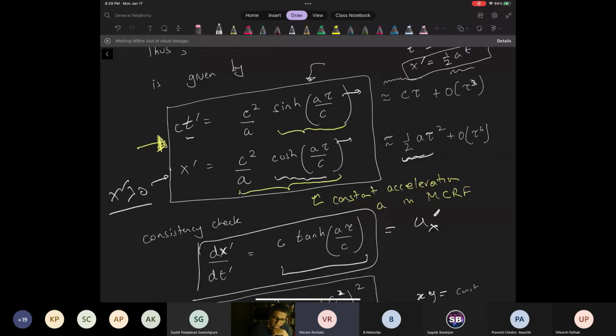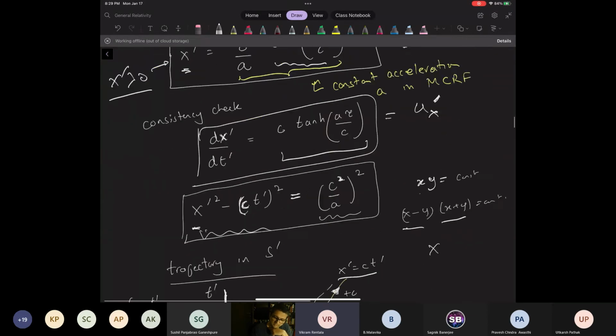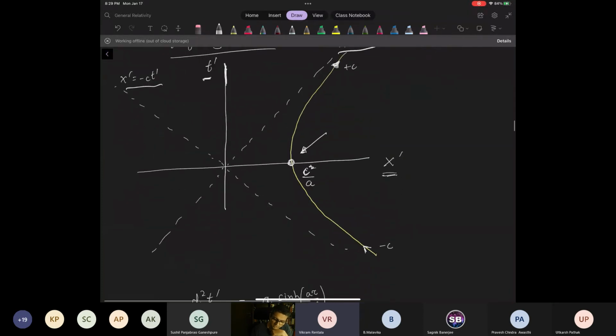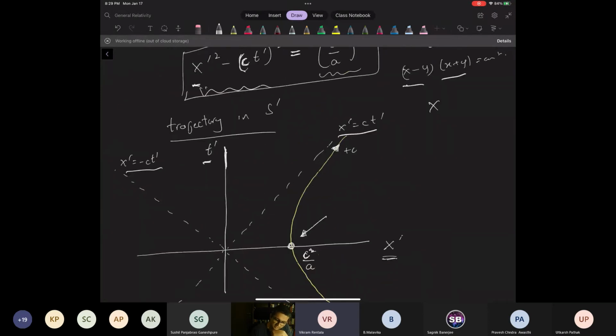T prime is 0 at tau is equal to 0. At tau equal to 0, x prime is just c squared by a, since cosh is 1. So it intersects the x-axis at the point c squared by a. And then it asymptotes to these null directions. These are the directions along which light would move.